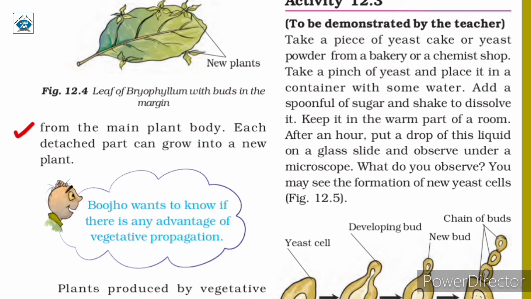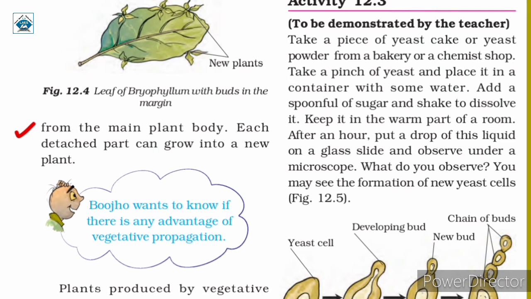Each detached part can grow into a new plant. So, for plants such as cacti, new plants are produced when some parts of the plant are separated from the main plant body. Each such detached part can grow into a new plant.